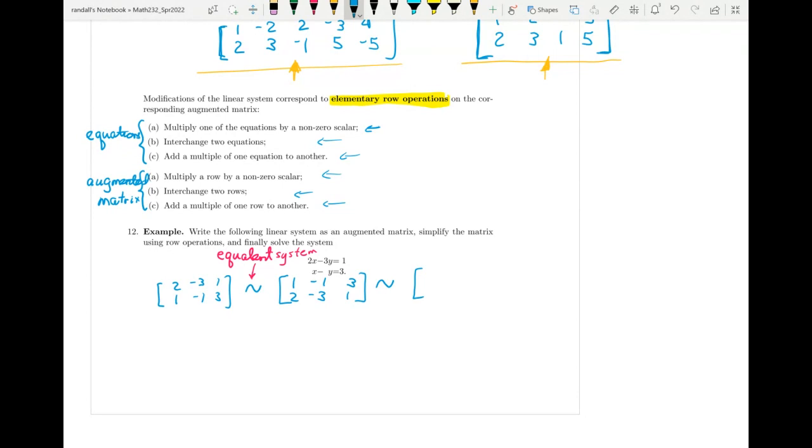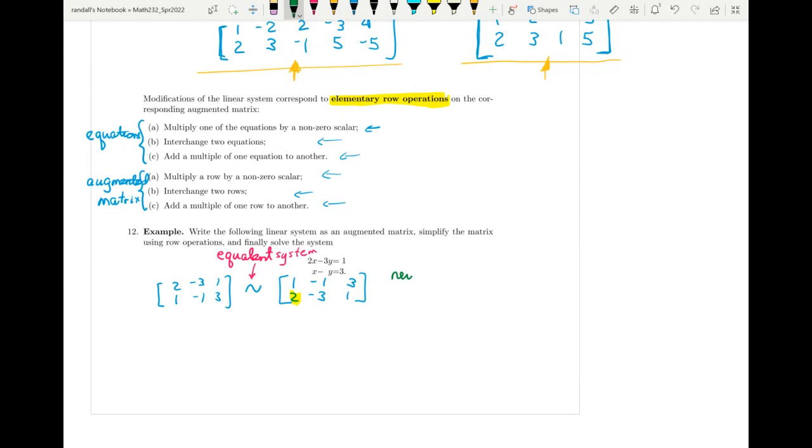So this is equivalent to, now I want to eliminate variables. The variable I want to eliminate is this one here in the second equation. So I have a 2x in the second equation. I want to use the first equation to eliminate that 2x in the second equation. So what I'll do here is, maybe I should write it on the side because I want to explain what I'm doing. Let me write it in English in detail.